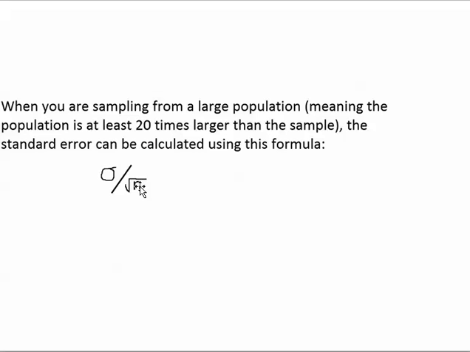So if I'm taking a sample of 30 people from the Pleasant Hill population and recording their incomes, and I'm calculating the sample mean to estimate the population mean, and I divide the standard deviation of Pleasant Hill incomes, the population standard deviation, by the square root of 30, which is the sample size that I'm using, I will get the standard error of my study, which is the standard deviation of the means of all possible samples of 30 that I might end up selecting to be in my study.